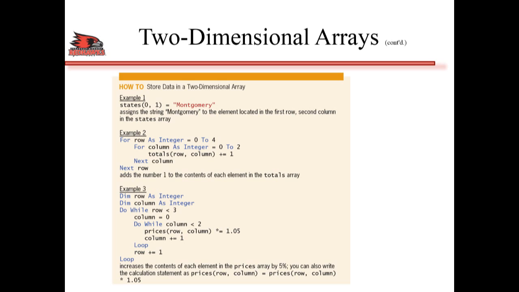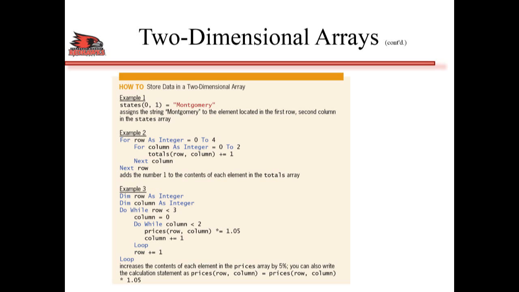So we are using a for row loop and a for column loop, and inside these two loops, what we're doing is adding the number 1 to the contents of each element in the totals array by doing the two loops. In example 3, we are again doing nested loops, nested do while loops.